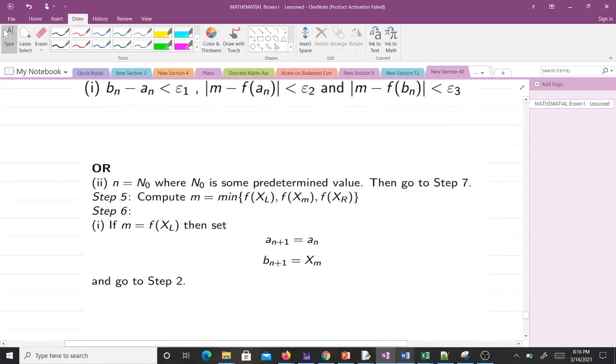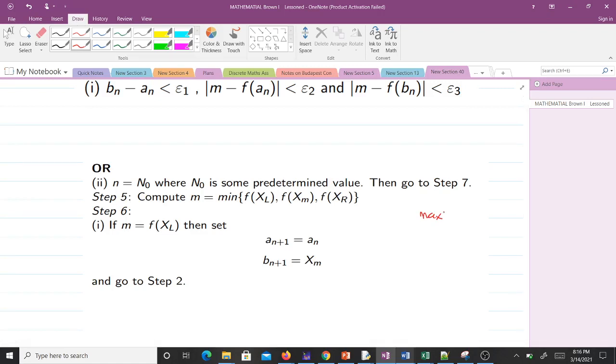So that's step 4. Step 5 says, if that's not the case, then we go to step 5. We compute m, and m is equal to the minimum. I told you we are using minimum in the algorithm, but if the question asks you to maximize, it will be the maximum. So m is the minimum of f of xl, f of xm, and f of xr.